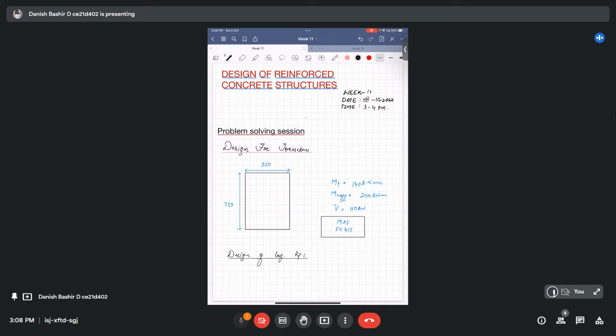But here, the only difference is that we have to provide the reinforcement, whereas the reinforcement was already given at that time. One thing we will assume here is mild exposure conditions.